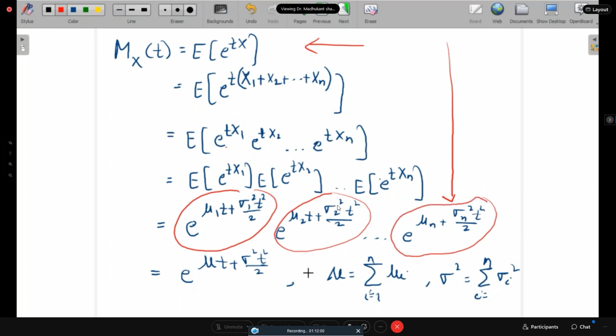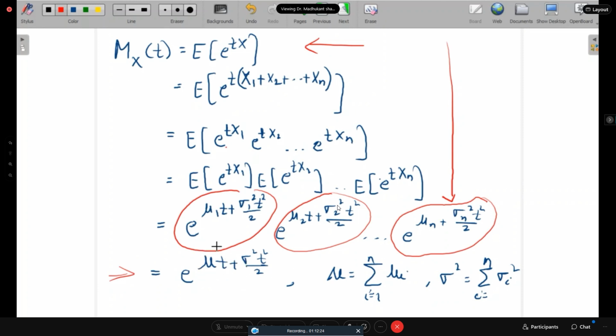Now you put down the individual moment generating functions of X1, X2, ..., Xn by following the definition. These are numbers, right? So e to the power this plus this plus this and so on. If you summarize everything, you will get mu as the summation of mu i, and sigma square as the summation of sigma i square, which is in line with the normal distribution with mean mu and variance sigma square.